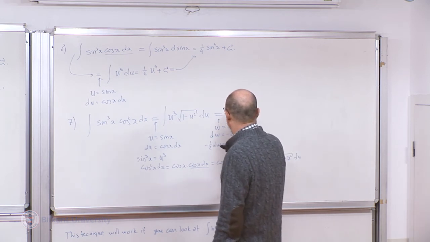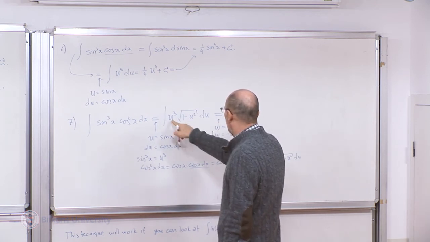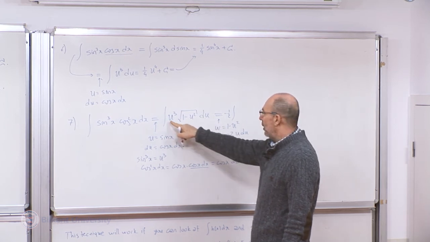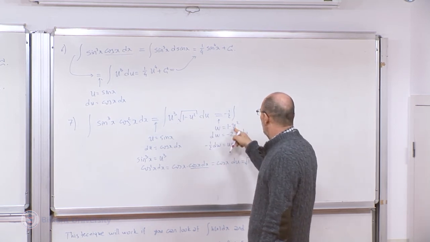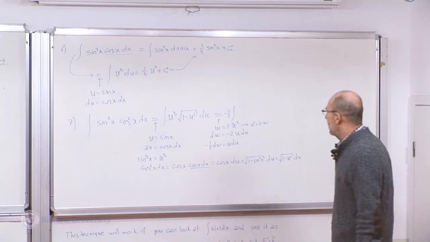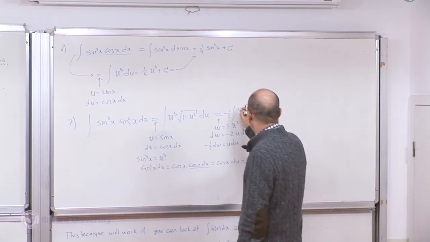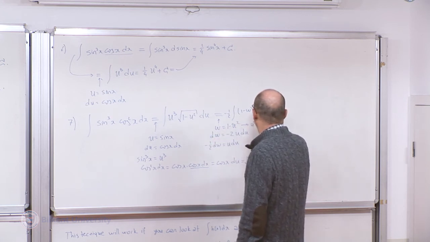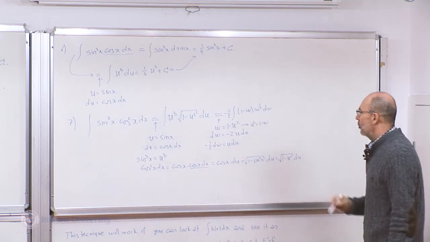So I have minus 1 over 2 integral. Here one of these u's will match with this one. I have u square, and u square from here is 1 minus w. Okay? So I have 1 minus w, and square root of 1 minus u square is w to the power 1 over 2 dw.